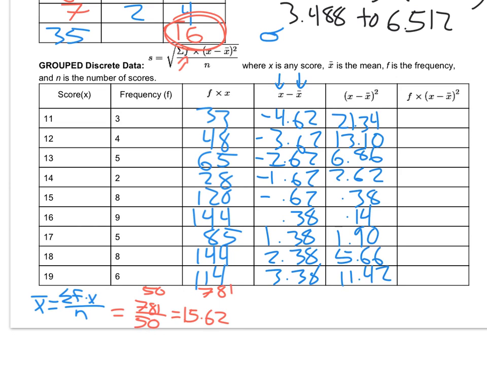Okay, and then I'm going to multiply each of those columns by the frequency for this last column here. So 21.34 times 3. I'll fill out the rest of the column real quick.